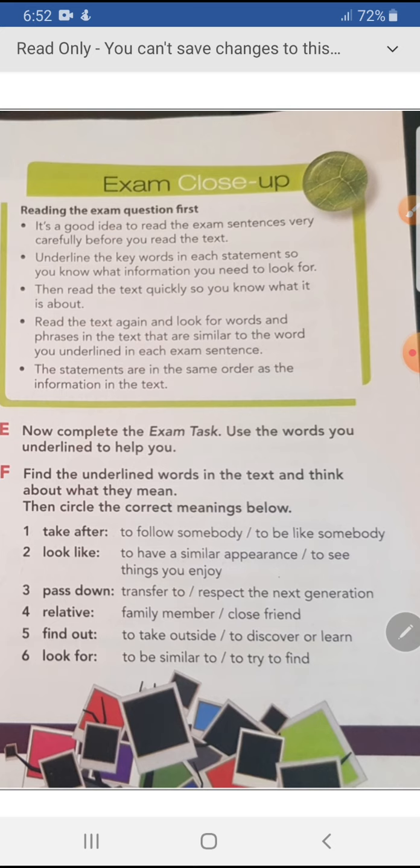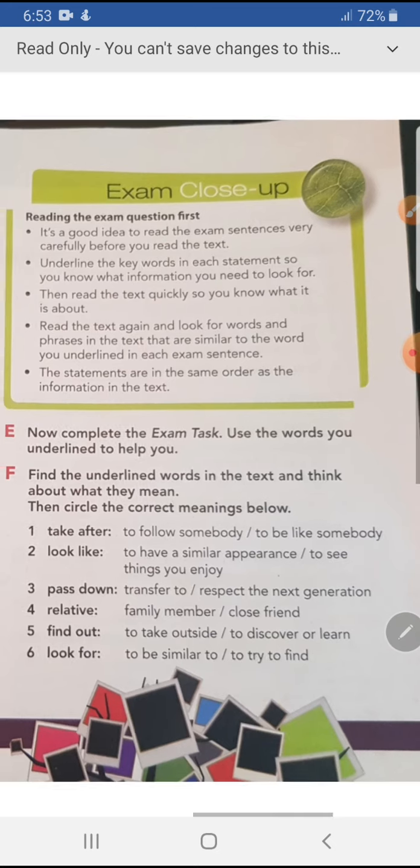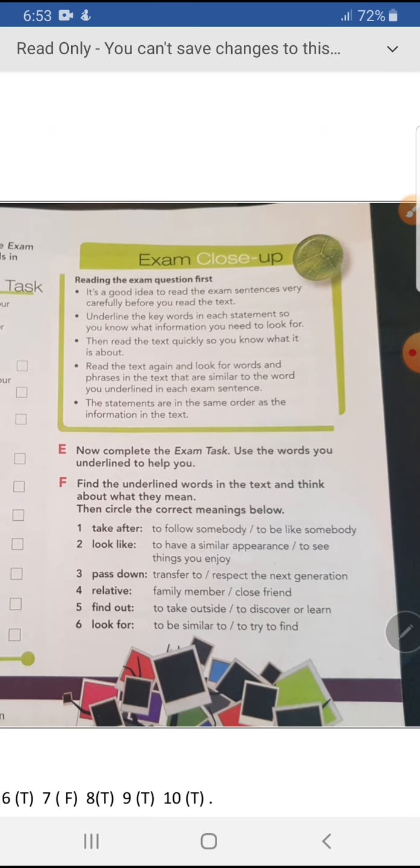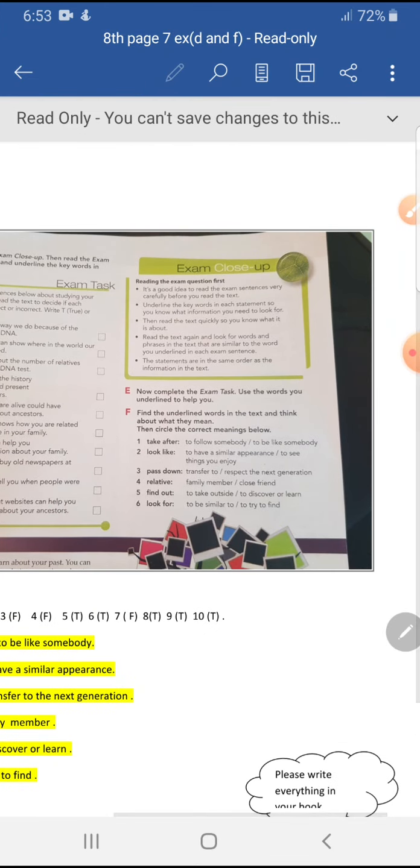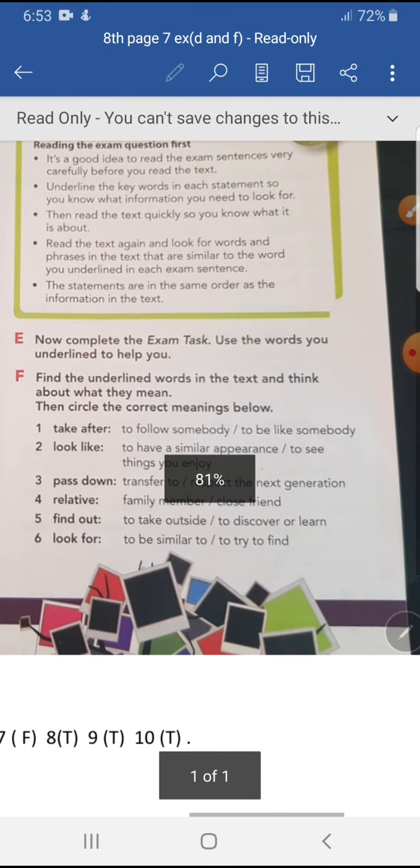Then circle the correct meanings below. Number 1, take after: to follow somebody or to be like somebody. The answer is to be like somebody.